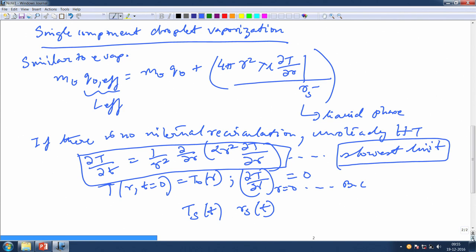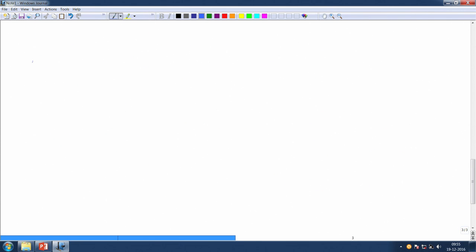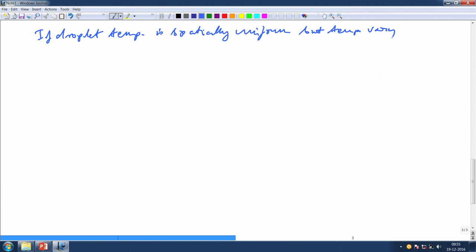Now, we already know from our droplet vaporization counterpart that if the droplet temperature is spatially uniform, which is one of the assumptions, but temporally varying, I am just reminding you, you have mv qv effective equal to mv qv. If you recall your old notes, you will find that this is what we did.